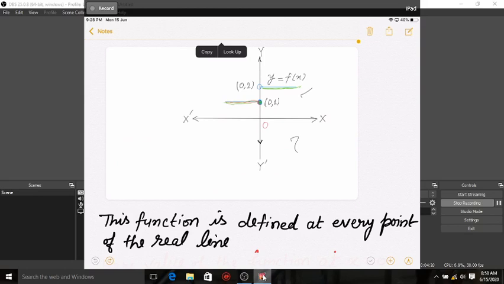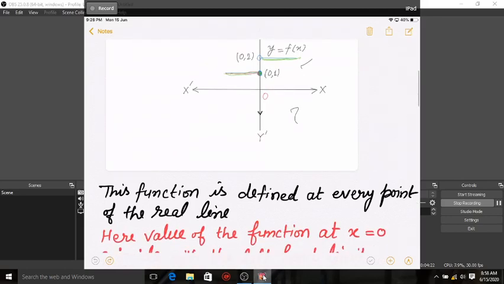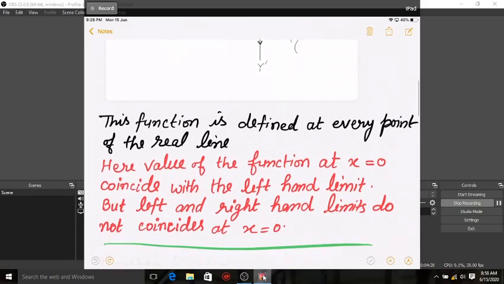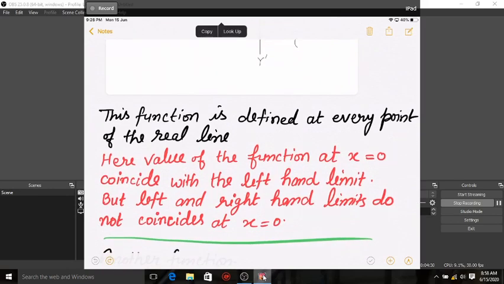So this function is defined at every point on the real number line. Here the value of the function at x equal to 0 coincides with the left hand limit, but the left and right hand limits do not coincide at x equal to 0.